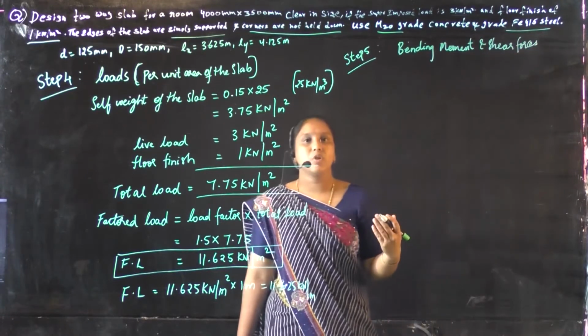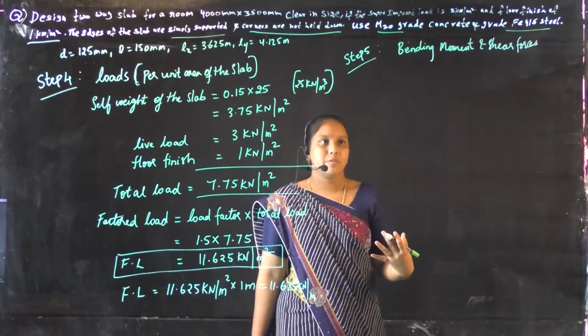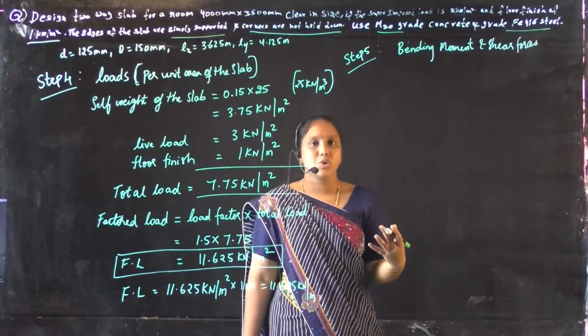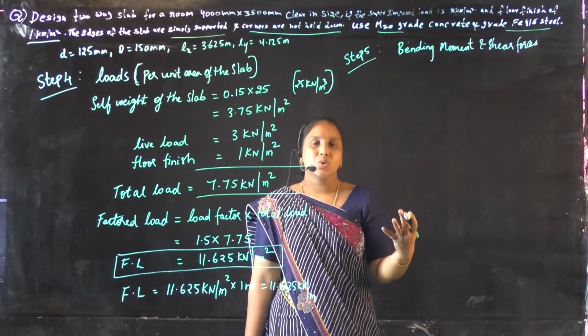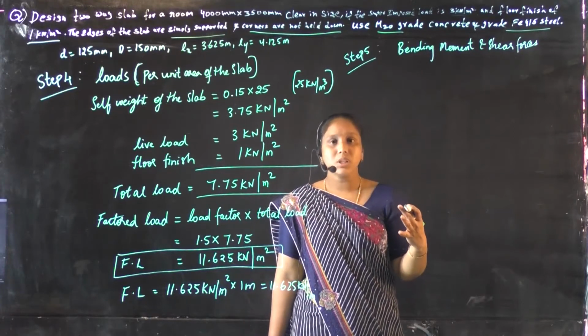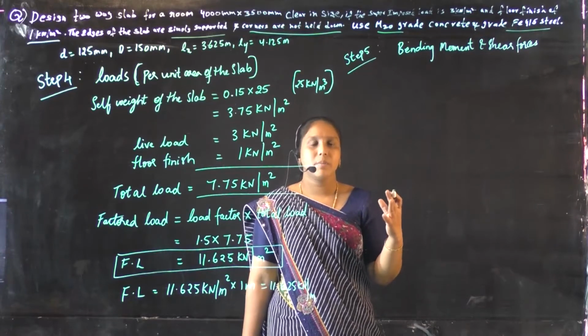Now, we have to calculate the maximum bending moment and the maximum shear forces. So previously, how did we calculate the maximum bending moment and the maximum shear force? We used the formulas WL square by 8 and WL by 2.